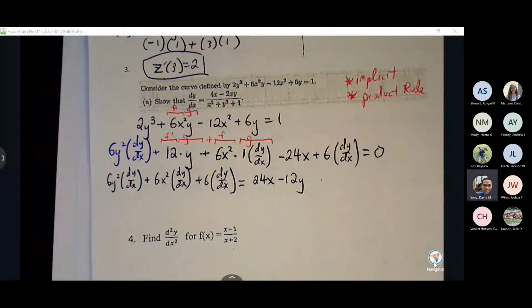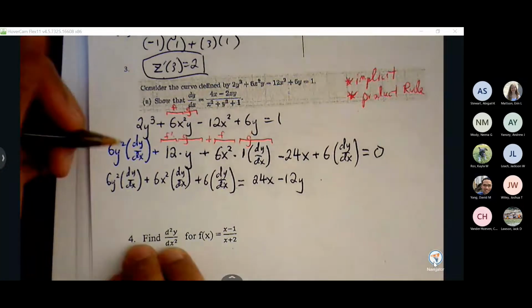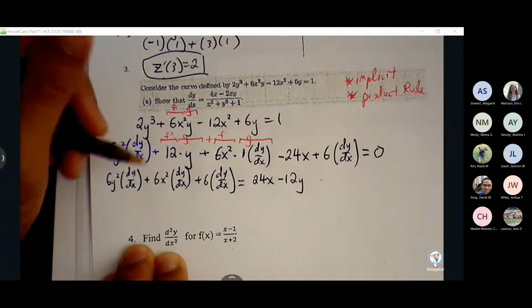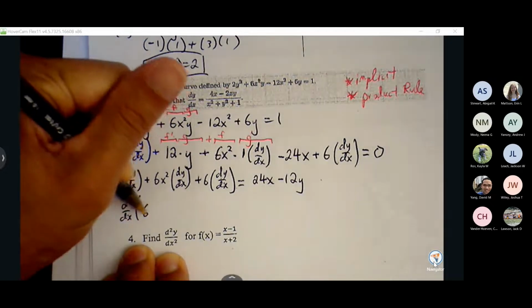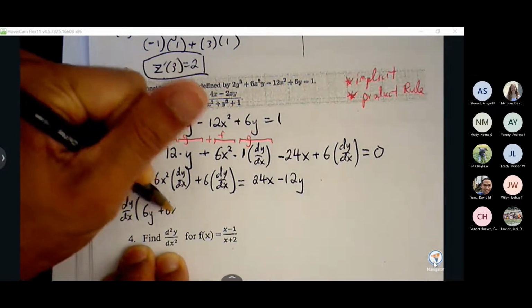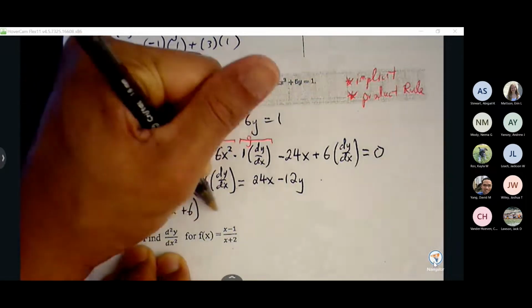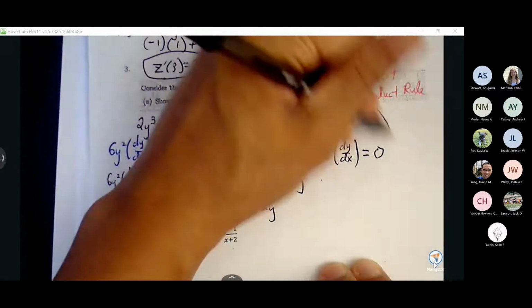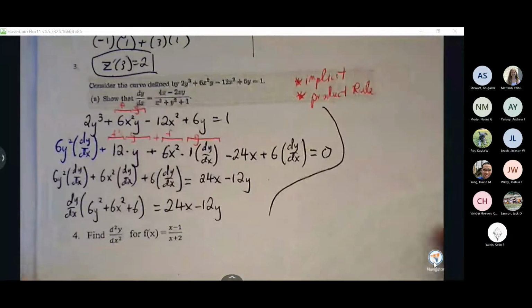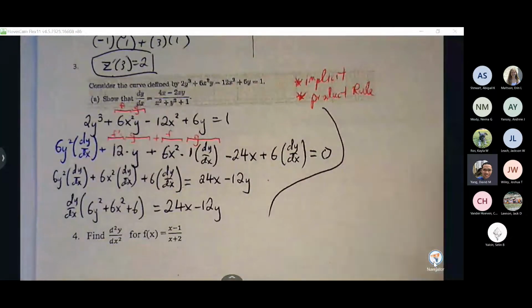Now that I have my dy dx terms separated from the terms that do not have dy dx, I can take that dy dx out of every term. Divide that parentheses over to the right side.